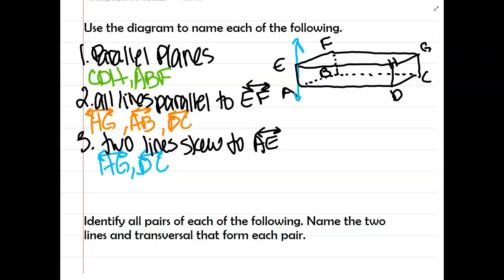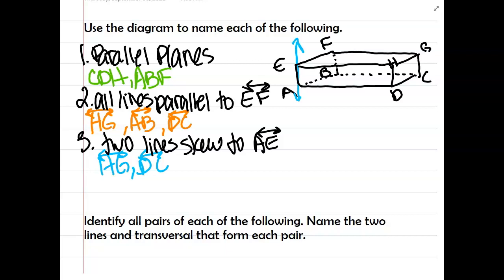Go ahead, Elijah. BC would work. FG would work, yeah. I think that was going to be all of them. Notice that AB wouldn't work. Why wouldn't AB work? It intersects it. Yep. It's not coplanar and it's not parallel, but it intersects it. So AB would not work. Okay? Do we understand skew?